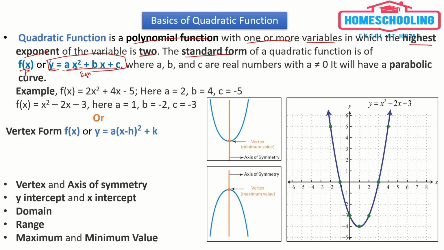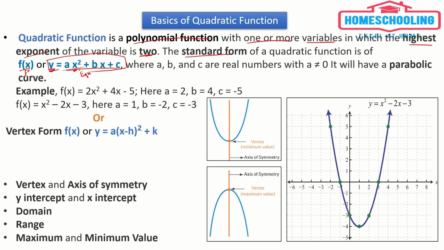And as we can see, this is our standard form of quadratic function, and it is a polynomial function with one or more variables. We have two variables here, x and y, and the highest exponent of the variable x is 2.